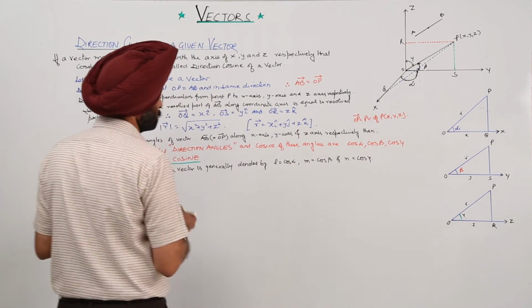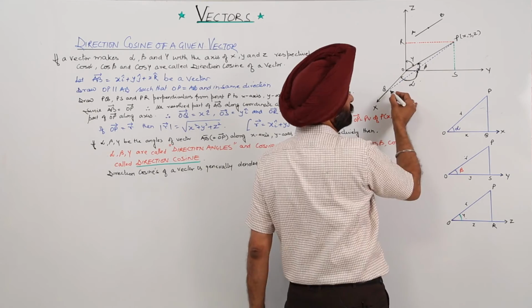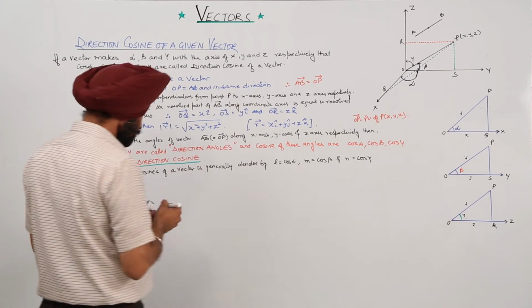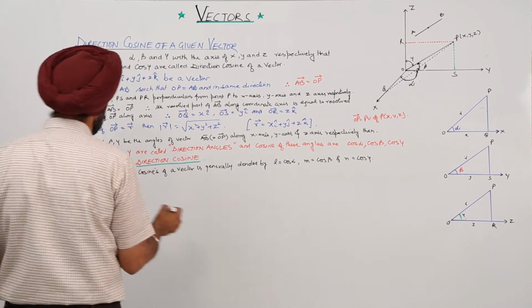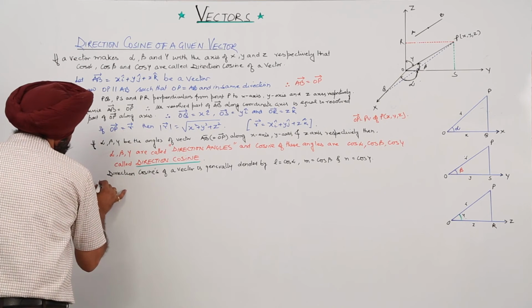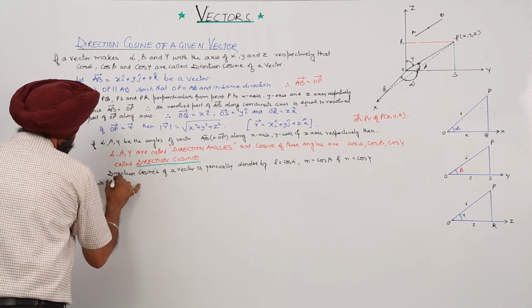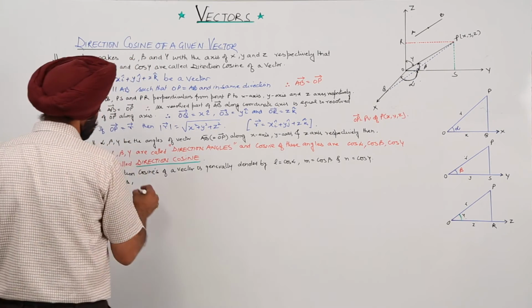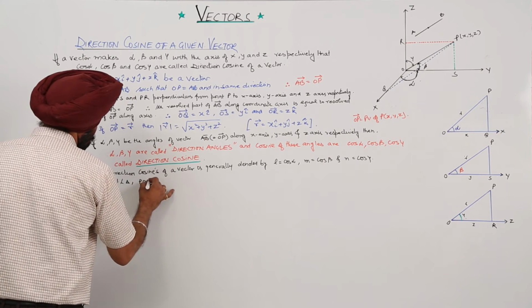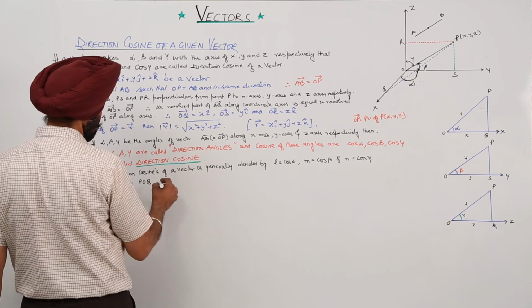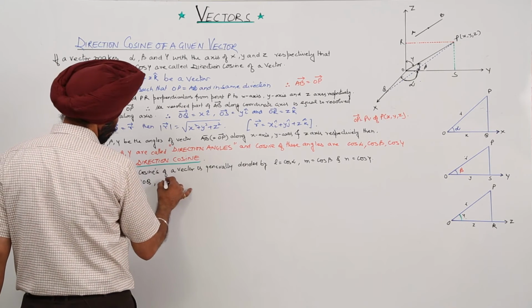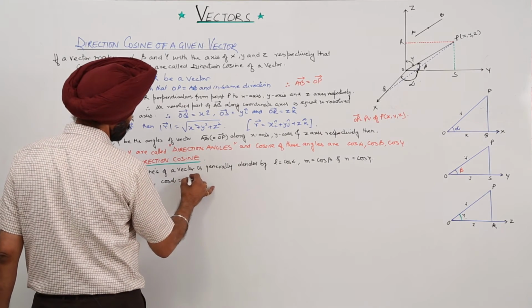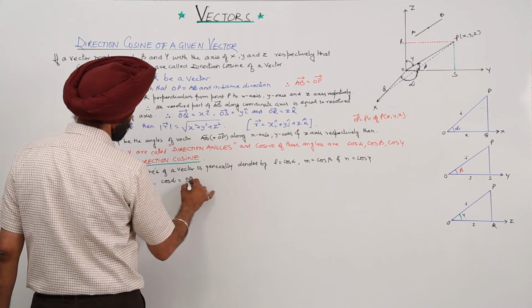Now because we are having PQ perpendicular on the plane, PS is perpendicular and PR is perpendicular. Now in right angle triangle POQ, cos alpha is equal to OQ upon OP.